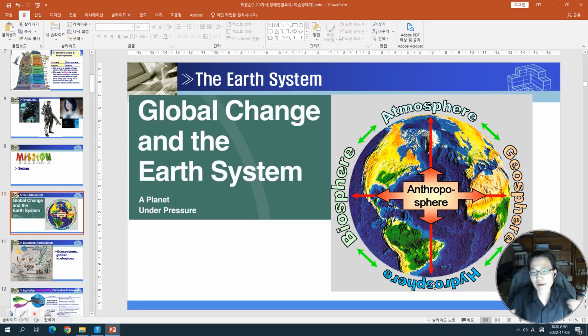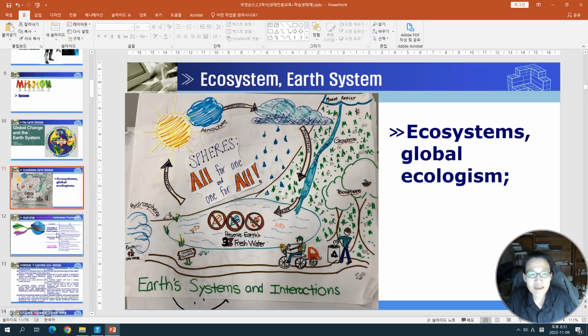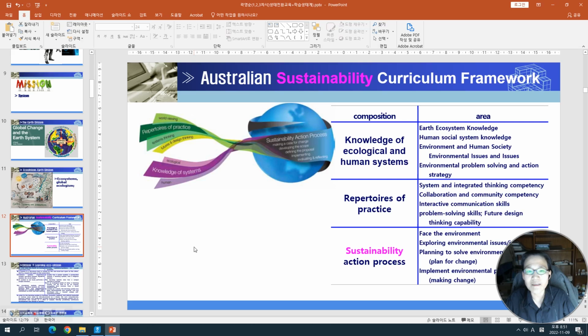And if any of those sub-parts fails, the whole system will collapse, will fail. So we need to approach climate crisis or all kinds of crisis in terms of ecology, ecosystem, and geosystem or earth system, or we need to approach in a whole way.